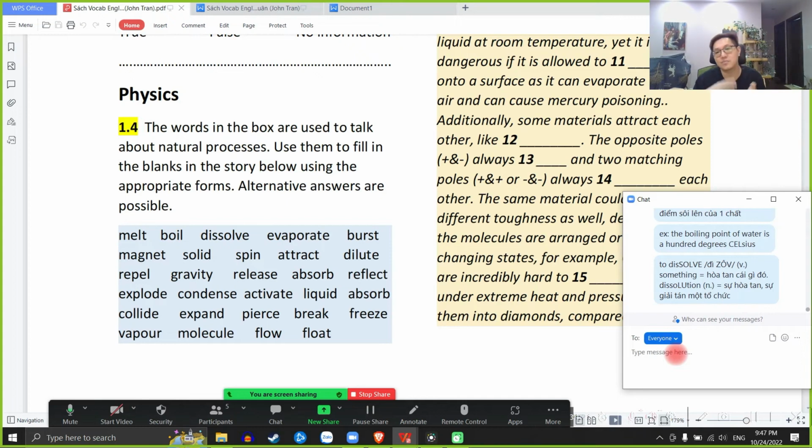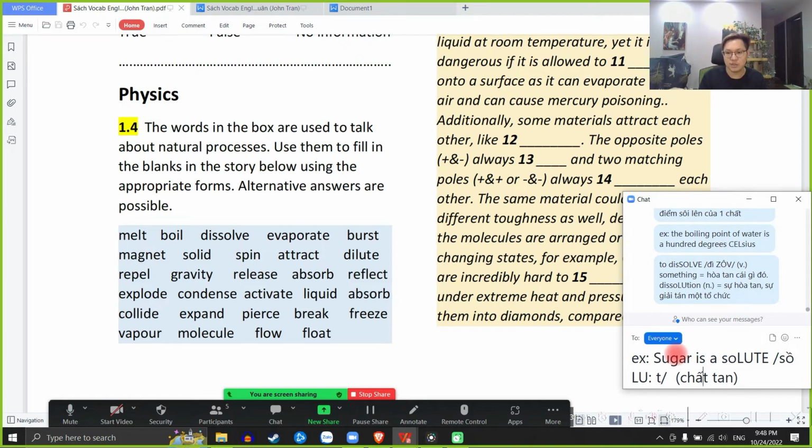But dissolve here means to make something dissolve in a solvent, for example. Sugar is a solute.